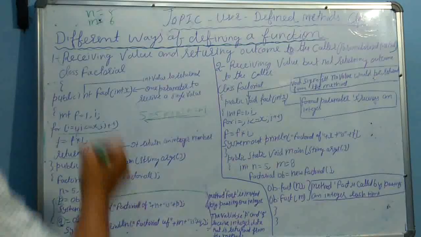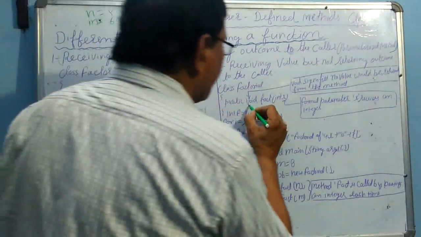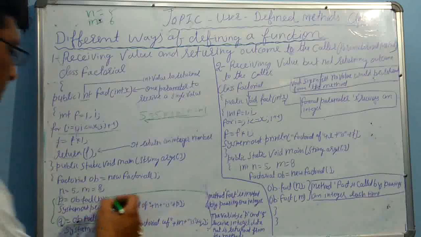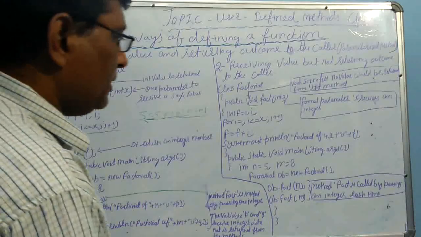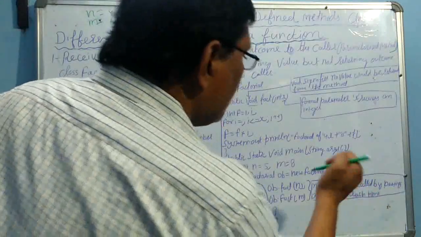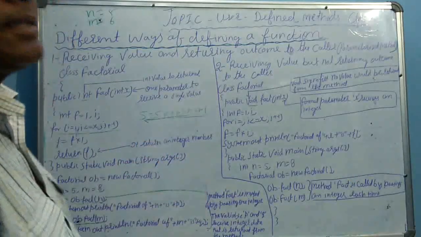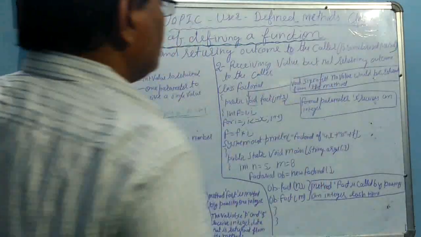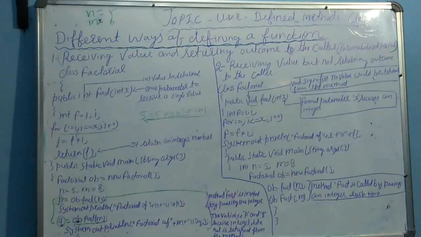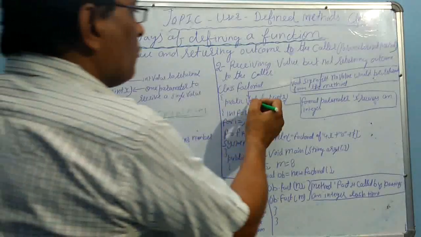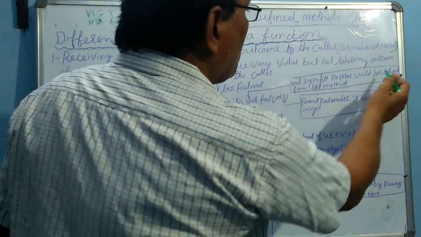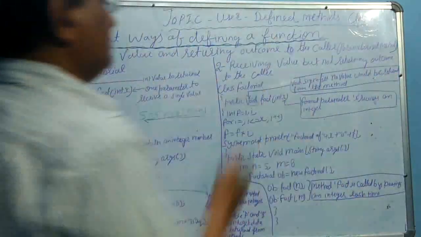Instead of int, here it is void. Clear? And now we are using the method, and the method fact is called by passing an integer. And this is the formal parameter, the same as the integer.